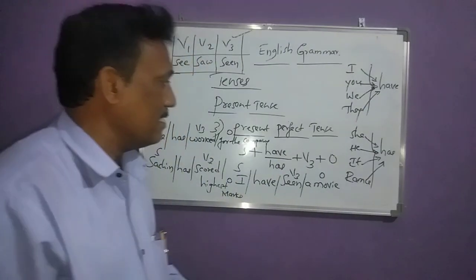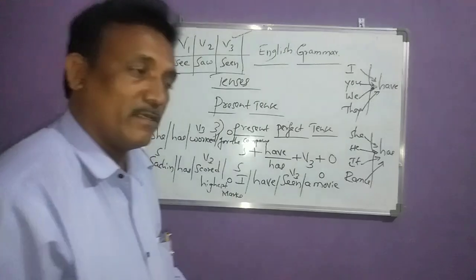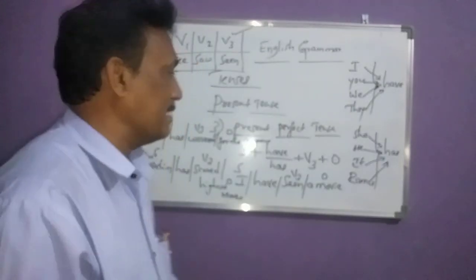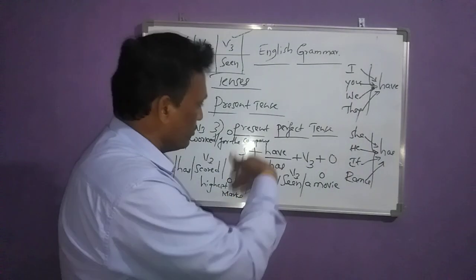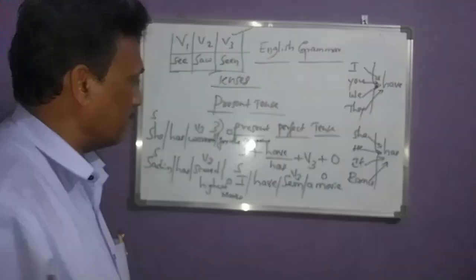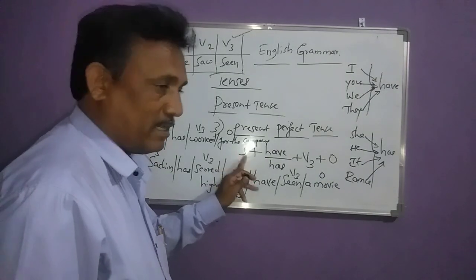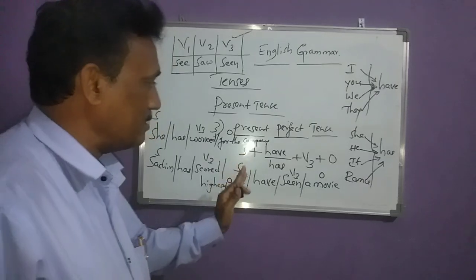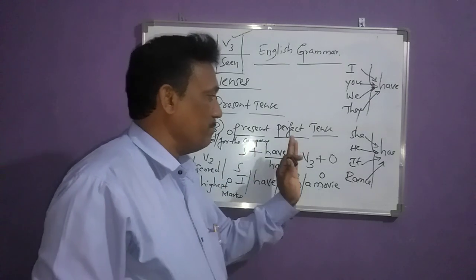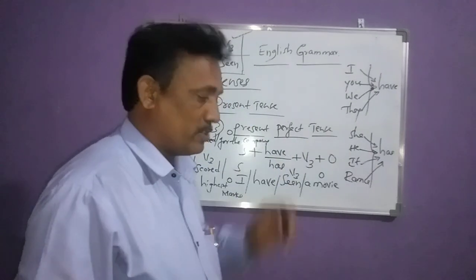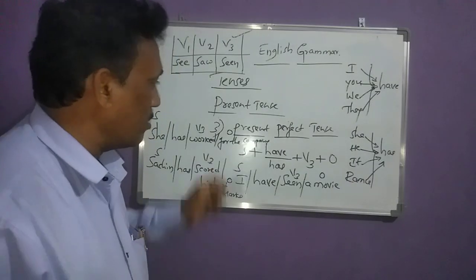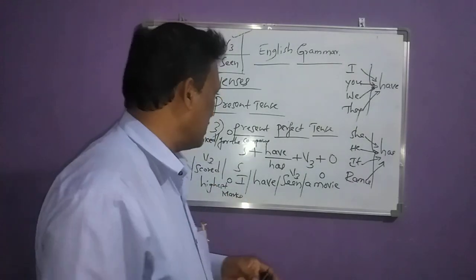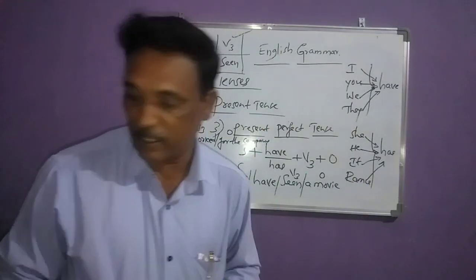Practice is the very important thing for communication skill, especially in English. You can take many examples, but you should not forget the standard formula: subject plus have or has plus V3 plus object. I hope you got the concept of present perfect tense.